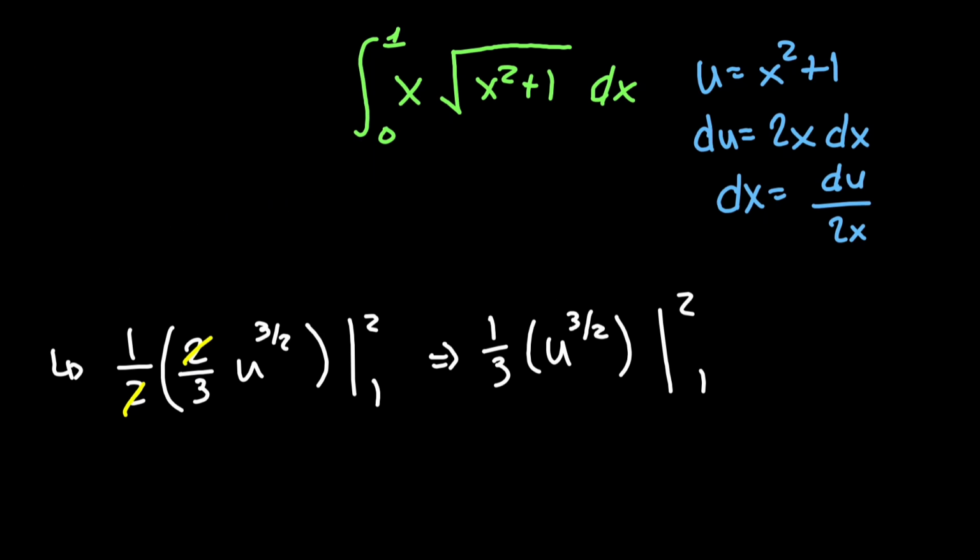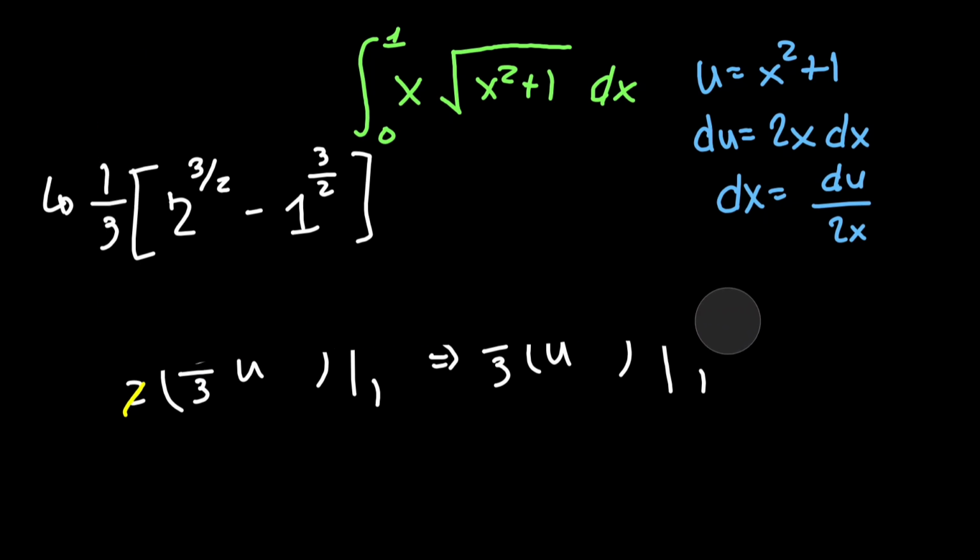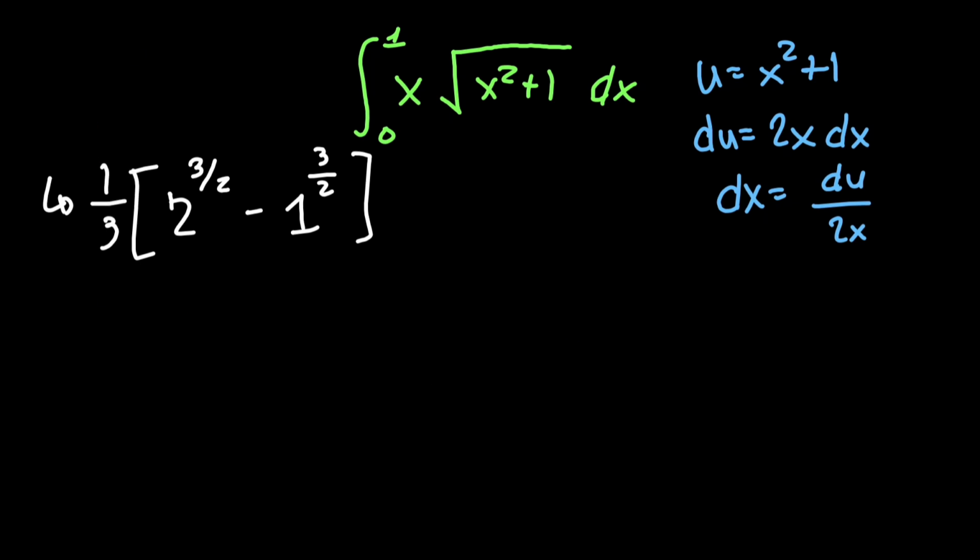So put the limits on the u first. This should be 2 to the power of 3/2 minus 1 to the power of 3/2. So if you're using a calculator, you can easily solve this. But if you are doing this manually, let us do it.